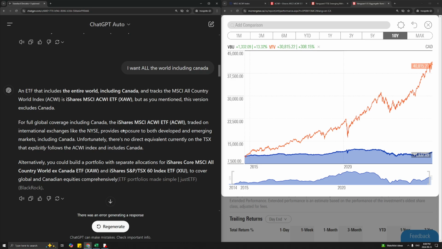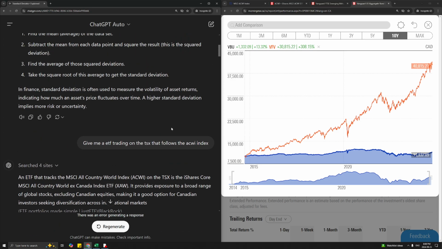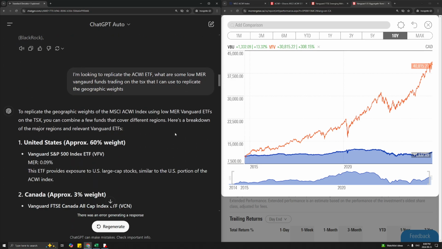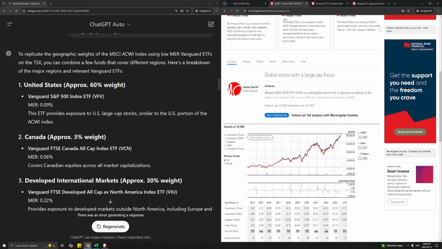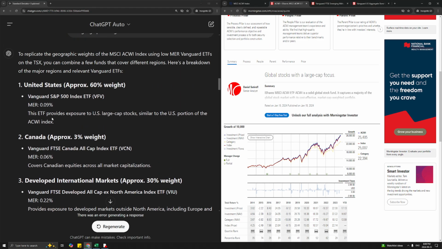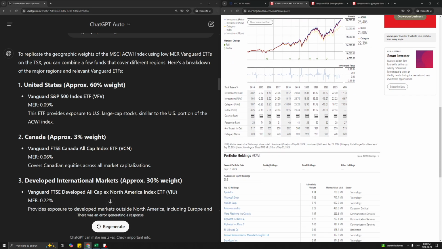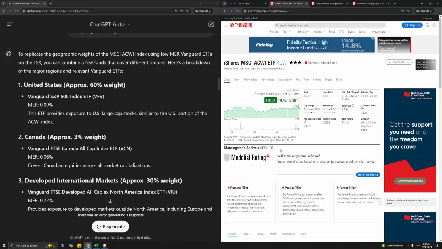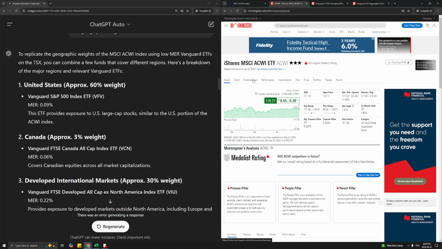Oh, you know another thing? We're probably already beating this, hypothetically. Look at the MERs of this. The MER of this fund is 32 bips, basis points. So 1 basis point is 0.01%.